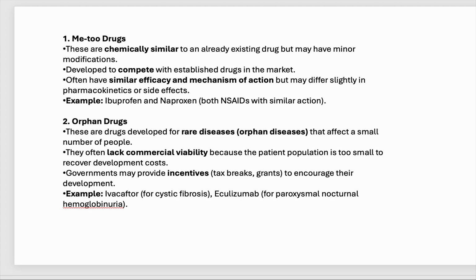The government generally provides incentives to encourage R&D for these drugs, because it's not a very lucrative investment for a company to do it just for the goodness of their heart. So they are often called orphan drugs.